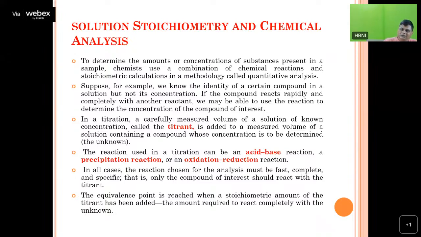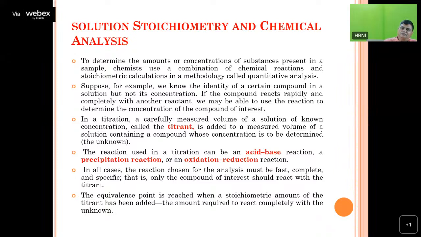And generally, this determination of concentration is done by using titrations. In the next few slides, we'll see acid-base titrations, redox titrations, and complex and precipitation titrations.